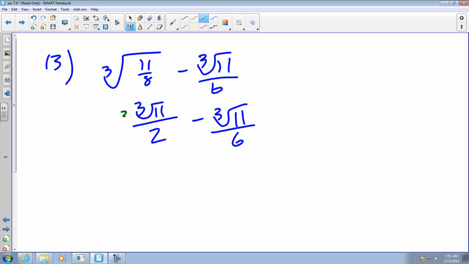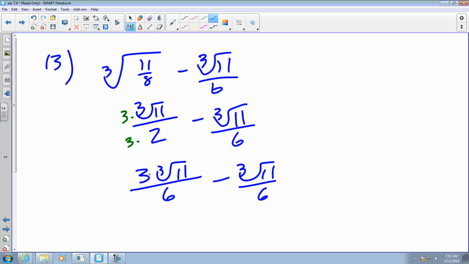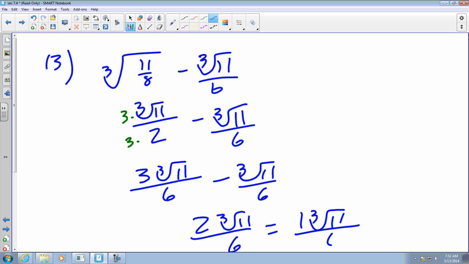Let's multiply top and bottom here by 3, giving me 3 cube roots of 11 over 6 minus the cube root of 11 over 6. So 3 minus, there's the understood 1 there, gives me 2 cube roots of 11 over 6. Notice that the 2 and 6 can be simplified to 1 and a 3. And do we need to write the 1? No, you can have it without.